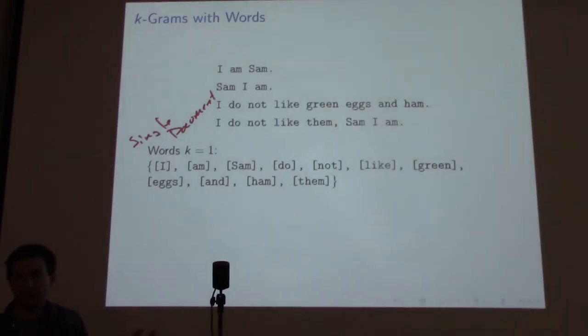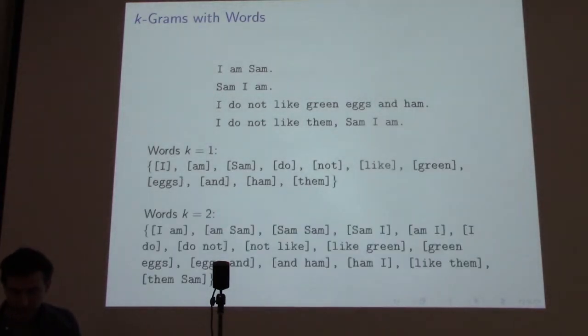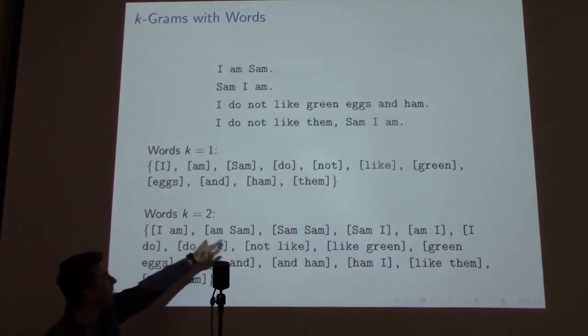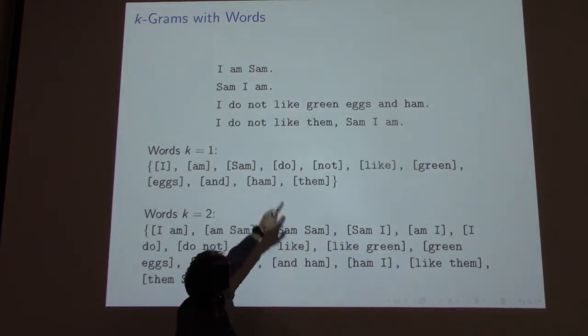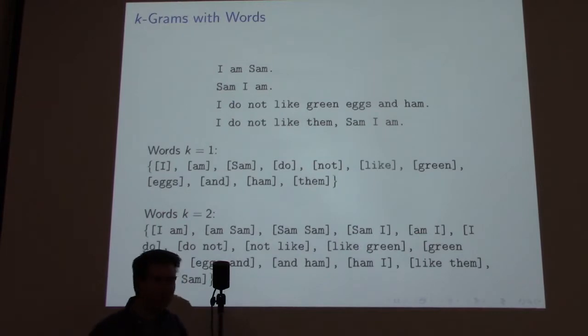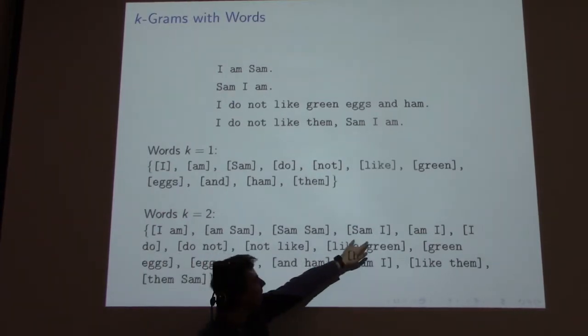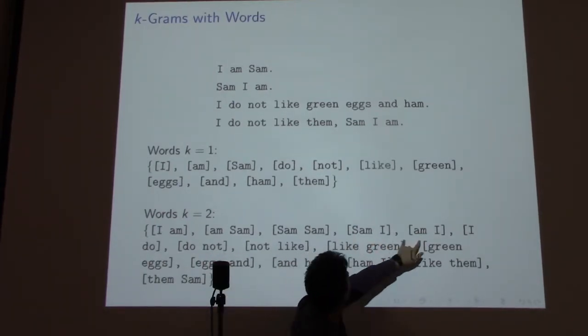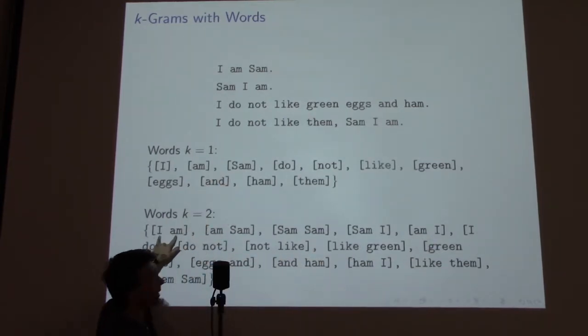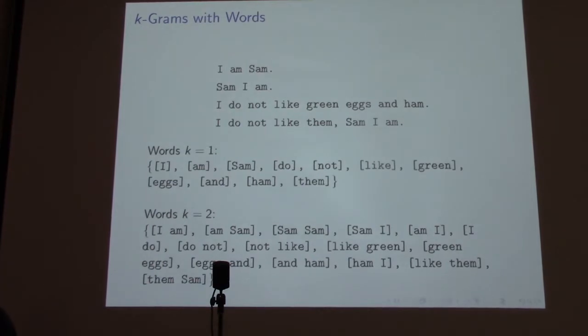I don't care how many times it occurs, just if it occurs. If I do 2-grams over the whole 4-line document, these are the grams I'm going to get: "I am", "am Sam", "Sam Sam", "Sam I". I go across the line, as you would typically do with a text document. But not "I am" again, I already had that here, so I only count it once.